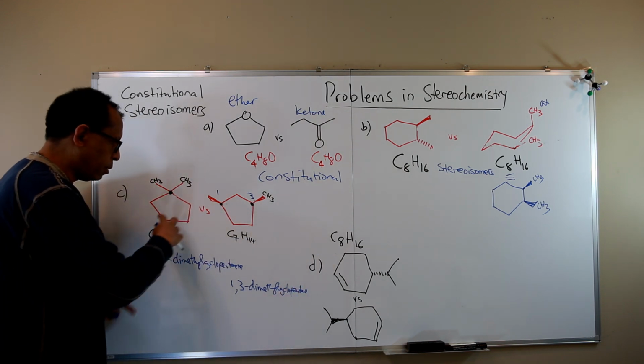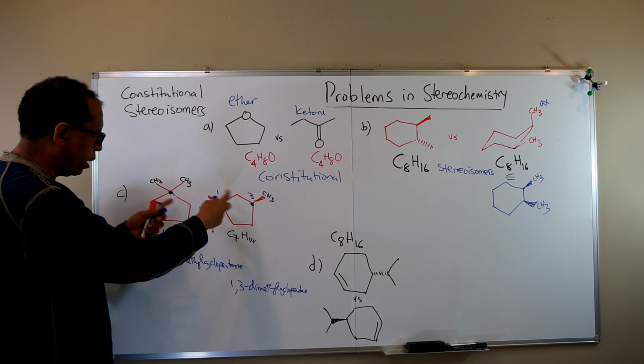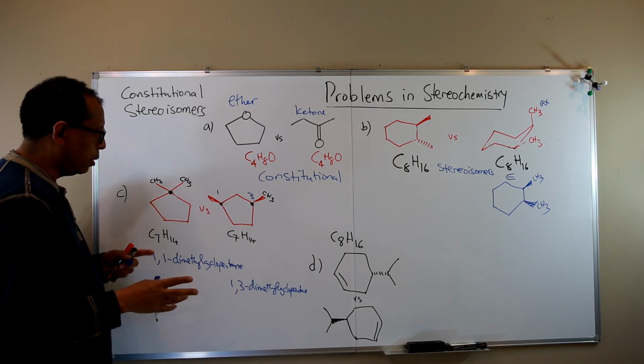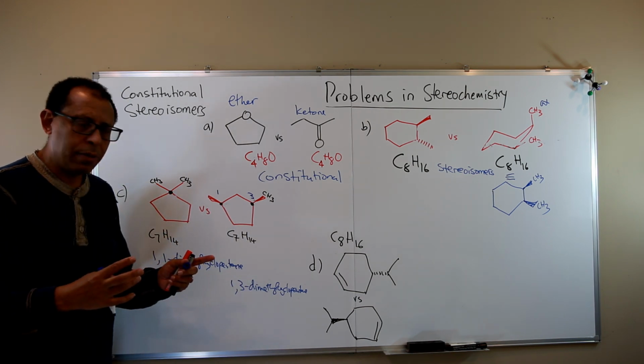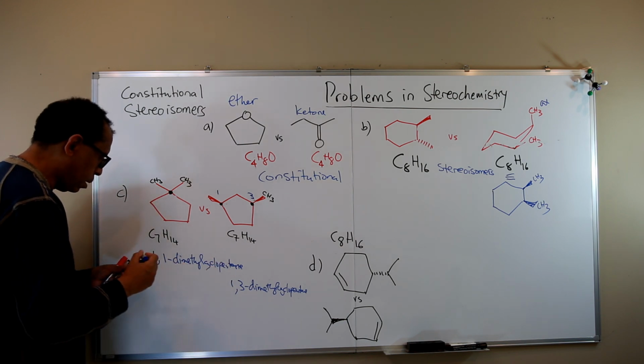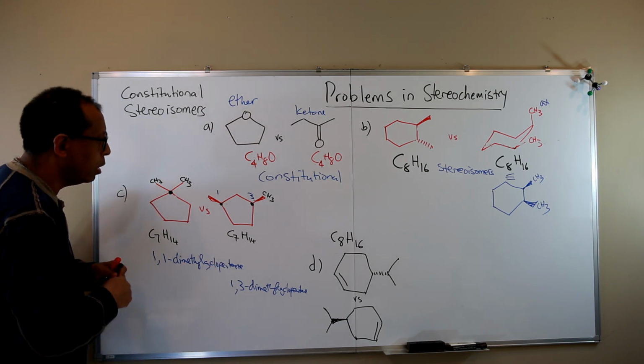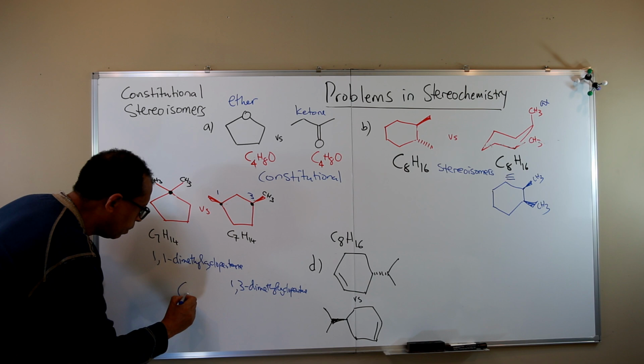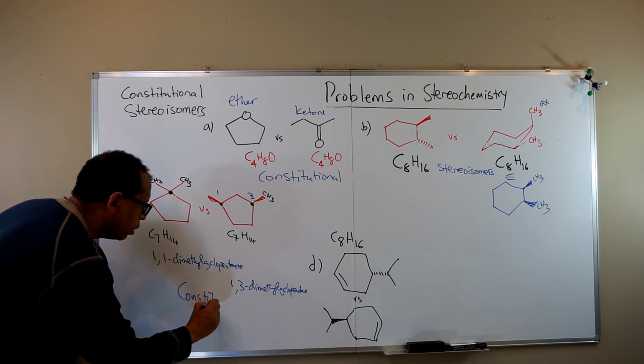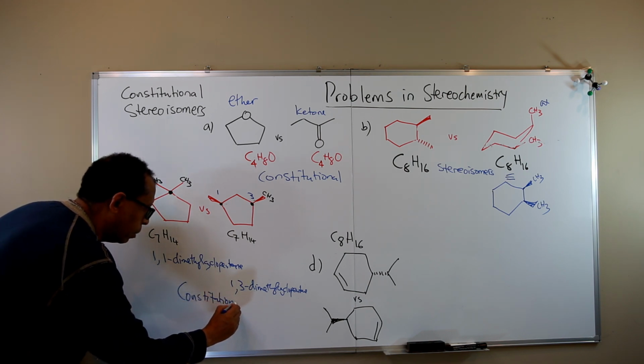Therefore, in terms of their constituency, how they are made, how bonds are connected, the order of connectivity is different. This compound pair is constitutional isomers.